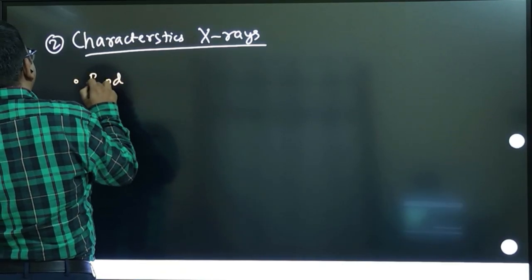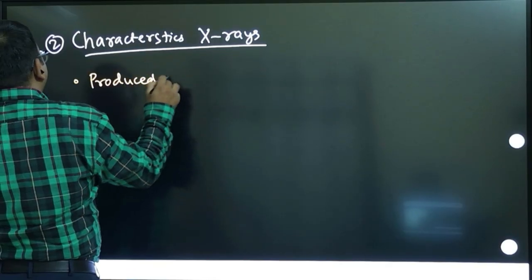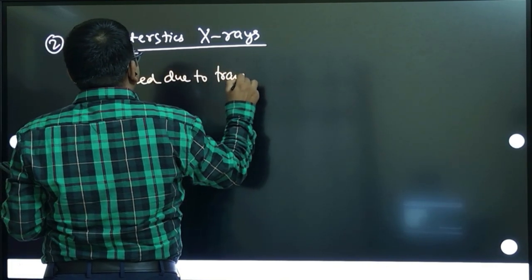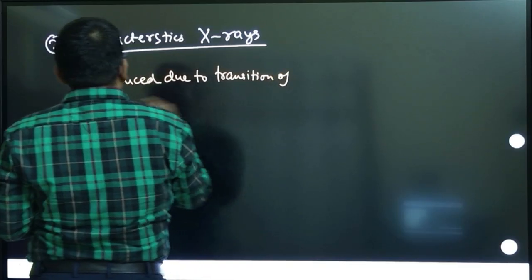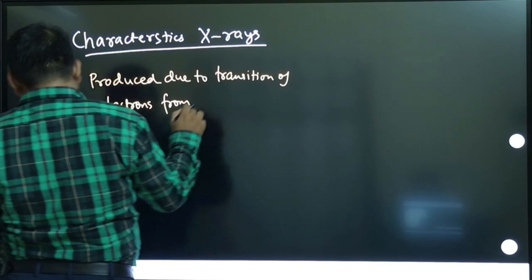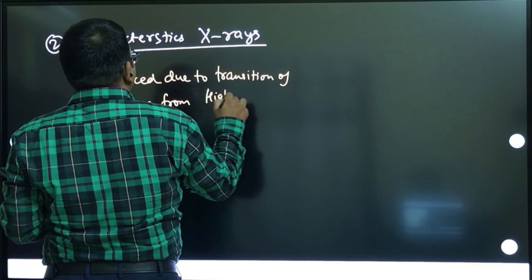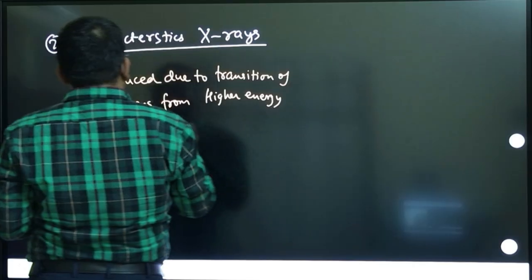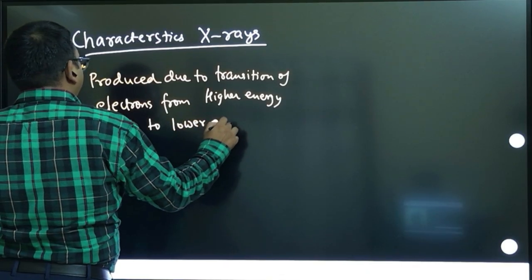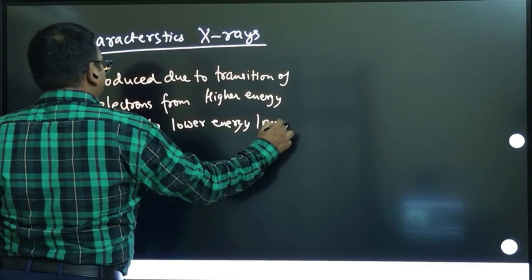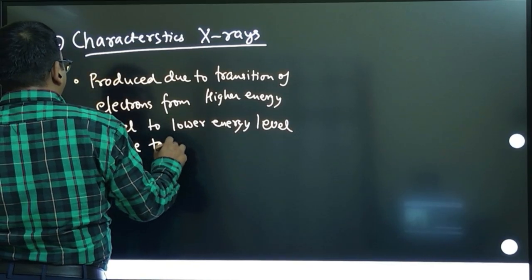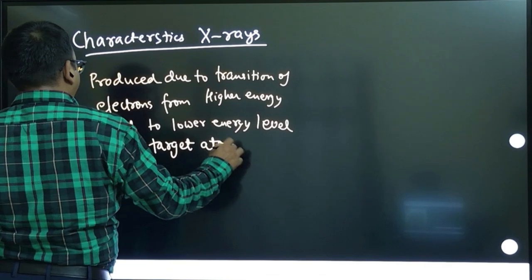They are produced due to transition of electrons from higher energy level to lower energy level in the target atoms.